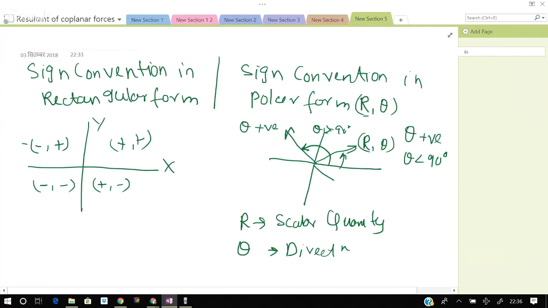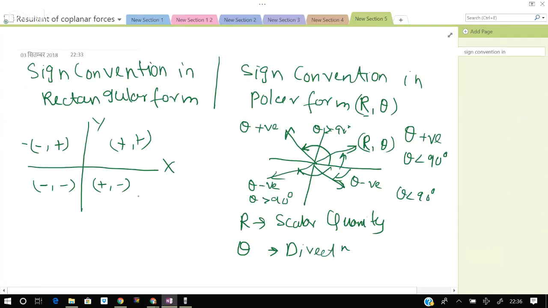Whereas if we go in the fourth quadrant, then theta will be negative and theta is less than 90 degrees. And in the third quadrant, theta will be negative and theta will be greater than 90 degrees.